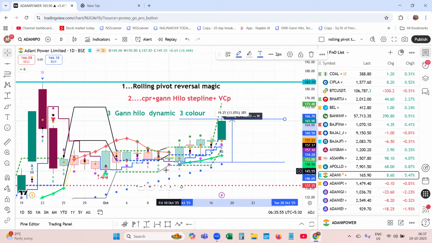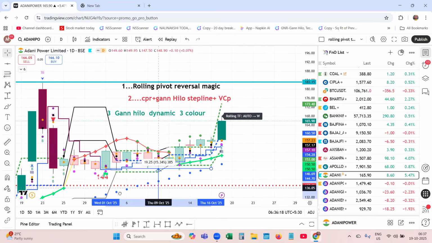Immediately seeing this, you are already ready when the rolling pivot is showing a transition, and this dynamic 3 color is showing a transition. You're ready to take the position because all have aligned.